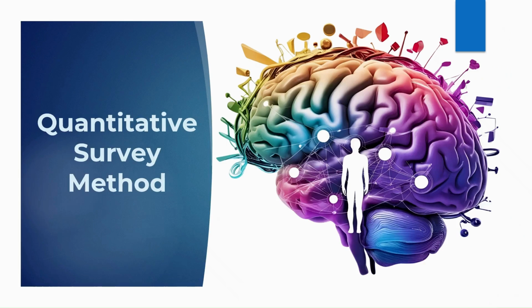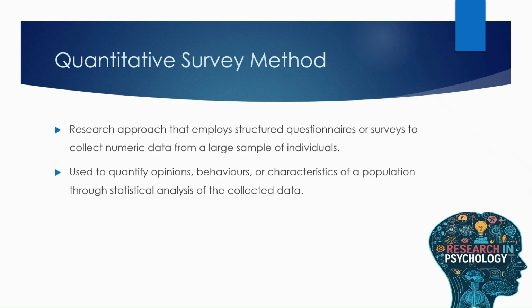We go with the first method, which is quantitative survey method. Quantitative survey method is a research approach that uses structured questionnaires or surveys to collect numerical data from a large sample of individuals. So here basically we will have a set of questions which would be a part of the questionnaire, and the participants are asked to answer those questions, and in this way the researcher will be collecting numerical data from a large sample of individuals.